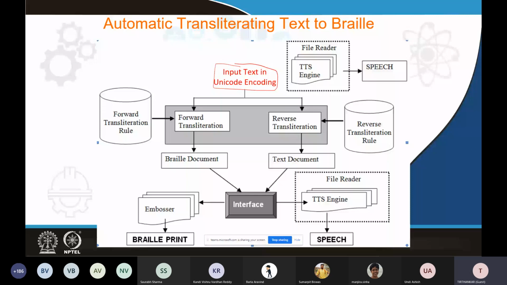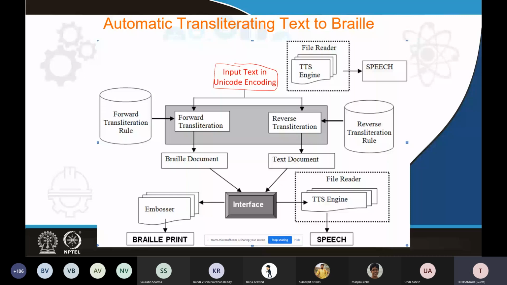One is forward transliteration, which converts an input text into braille, and there is a mechanism of reverse transliteration, where the input is braille, and it can be reverse translated to normal scripted language text. So there are two different processes.